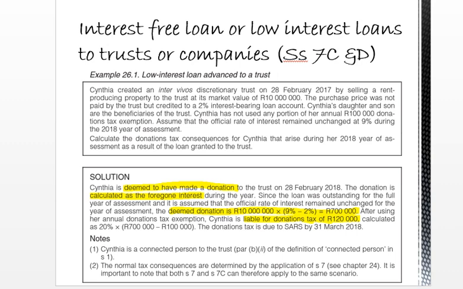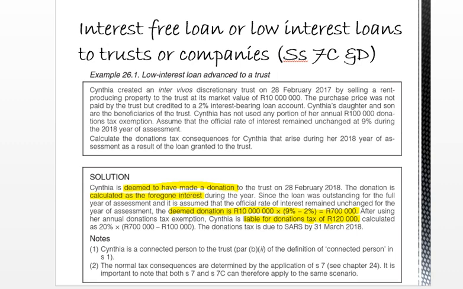The trust has to pay interest on this. It's a loan, and the trust only pays 2% interest, whereas the official rate of interest is 9%. So that 7% difference is deemed to be a donation.